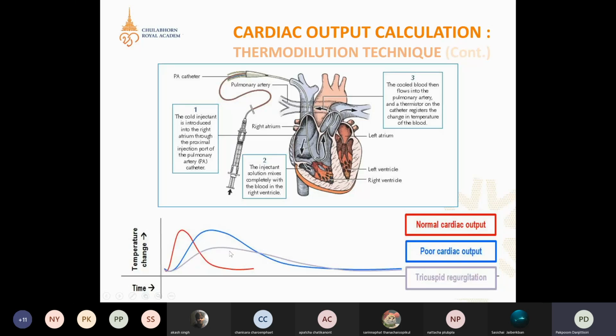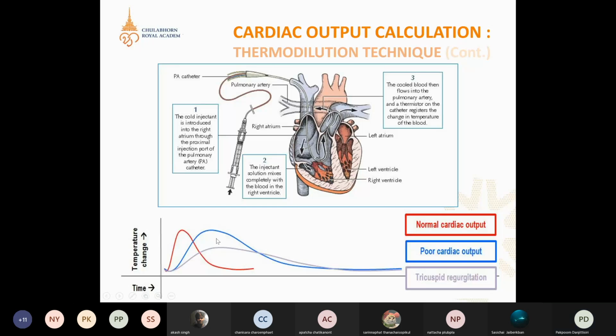The purpose here, you have to think about the blood flow. Definitely, the peak of the curve will not equal the normal cardiac output, because the blood mixed with the cold injectant solution will have some mixed blood get into the right atrium, right?